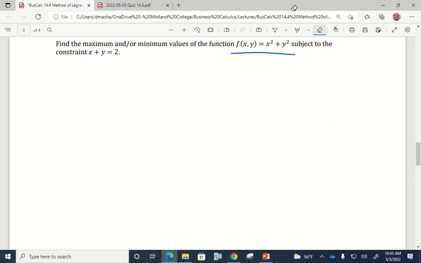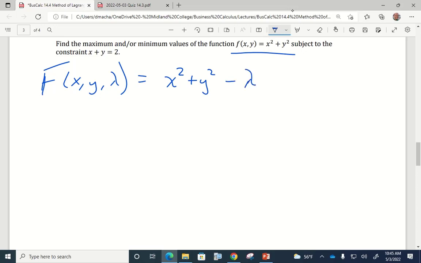So using my method of Lagrange multipliers, we say we have a Lagrange function. It's going to be a function of x, y, and lambda. And that's going to be my lowercase f function minus lambda times my g function. Now, whenever I write my g function, I have to write it such that the other side of the equation is 0.